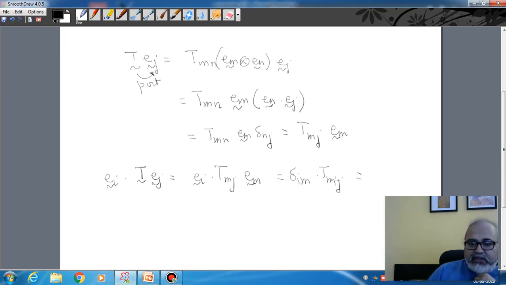This delta will knock off this m in favor of the i, so I'll get Tij. So to get the ijth component of a tensor out, I have to pre-multiply it with Ei and post-multiply with Ej. So Tij is equal to Ei pre-multiplying T post-multiplied with Ej.